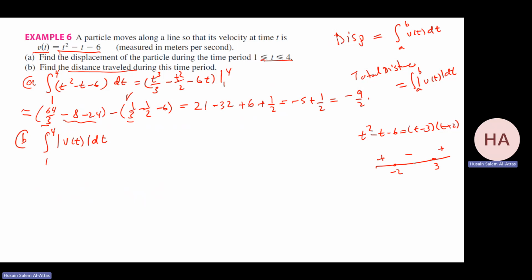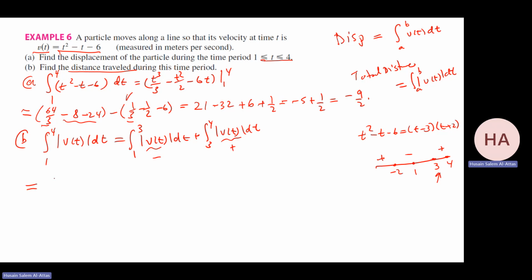So I have 1 to 4. So 3 will be most important. So I'll split it from 1 to 3, plus 3 to 4. I know from 1 to 3, it's negative. And from 3 to 4, it's positive.